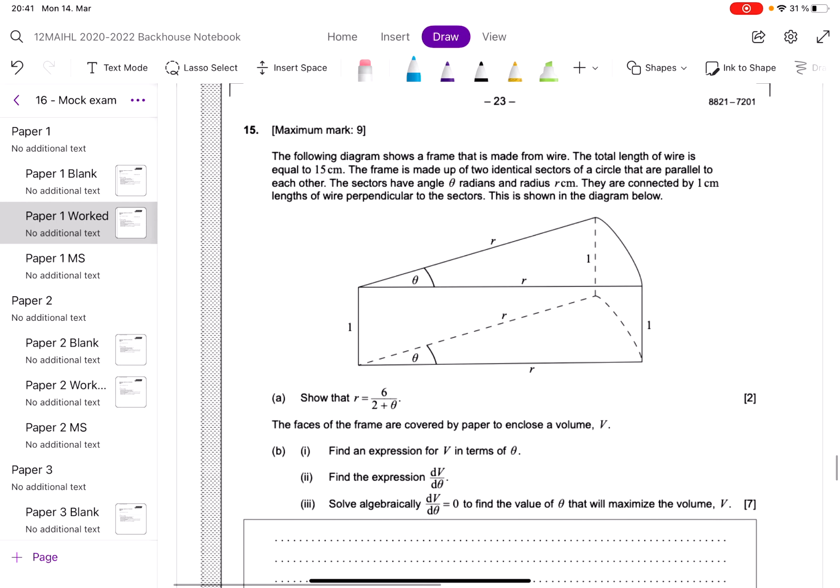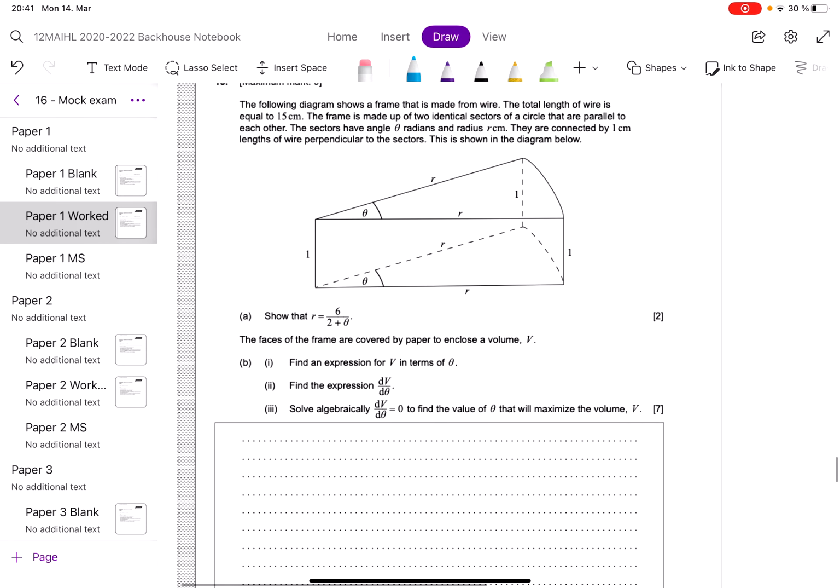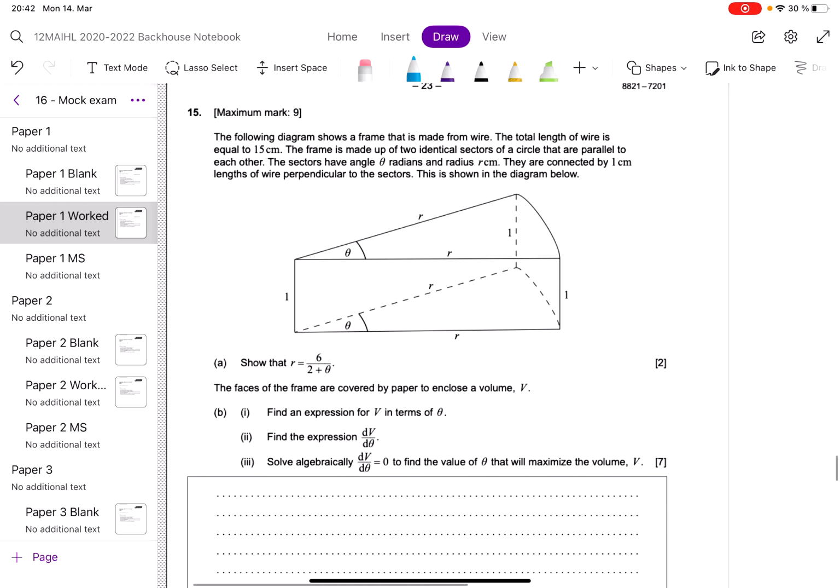All right, question 15. I quite liked question 15, but it didn't go very well, I'm afraid, for a lot of people. So we're told the total length of y is equal to 15. This is just a frame, which everything else is on the diagram. We're working in radians as well.